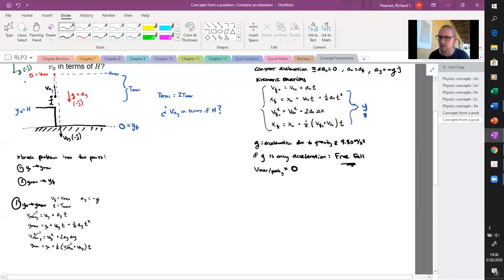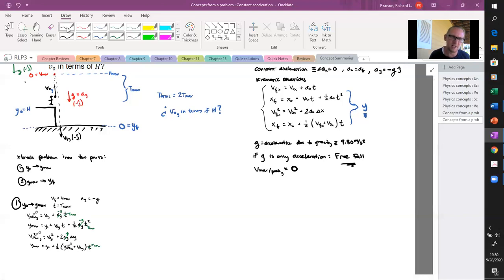Again, negative because we've said that down is negative and the acceleration is pointed down. So for each of these accelerations, we can substitute in the negative g. We also have that our t is our t max, so we can substitute that in too. This is t max, and this is t max.